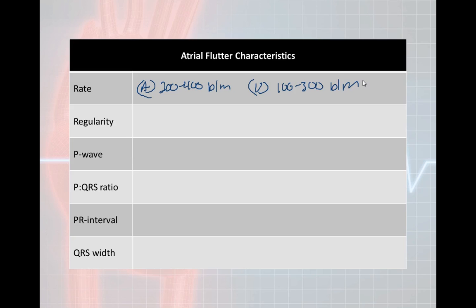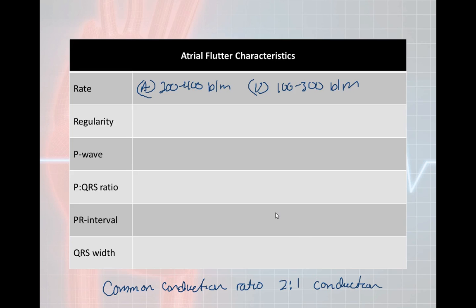Now, what's interesting about this is that the most common conduction ratio is a 2-to-1 conduction. A lot of times it's also variable, but if you do have a constant conduction ratio, it's usually 2-to-1.